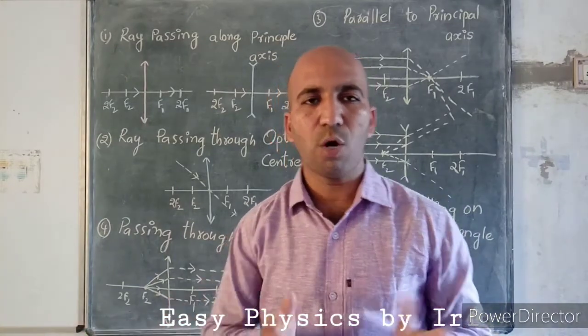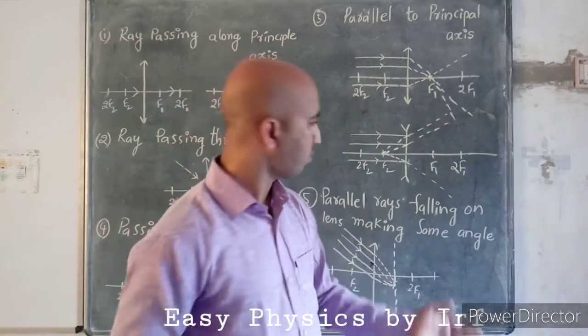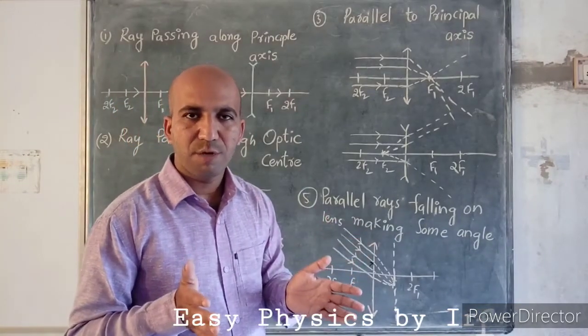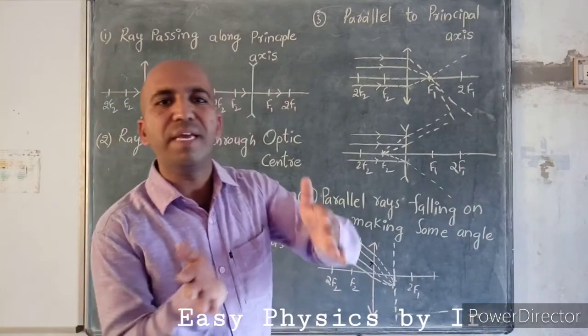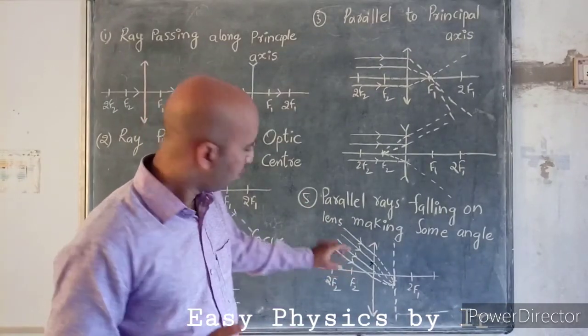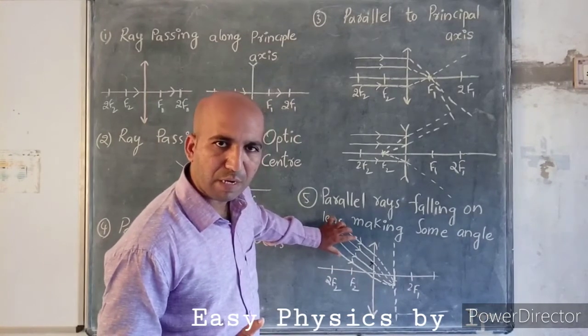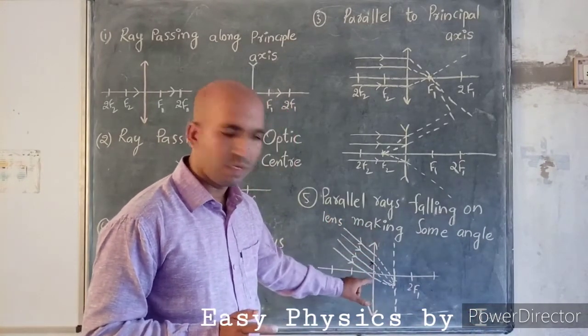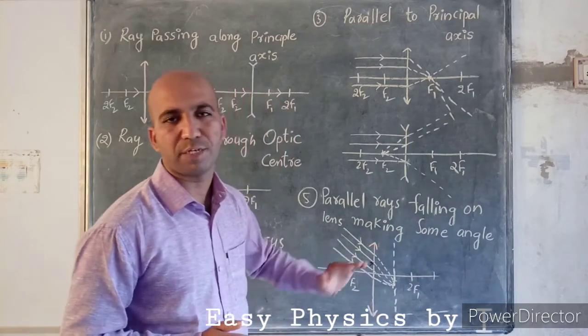And now the last case, the fifth case, is when a beam of parallel light rays falls on a lens making some angle. So you can observe this diagram here. Here a beam of parallel light rays is falling on a biconvex lens making some angle with the principal axis.